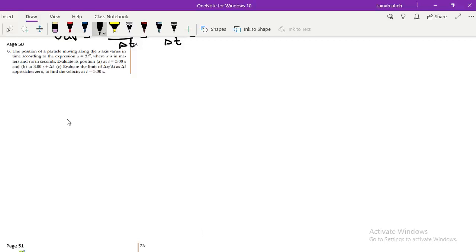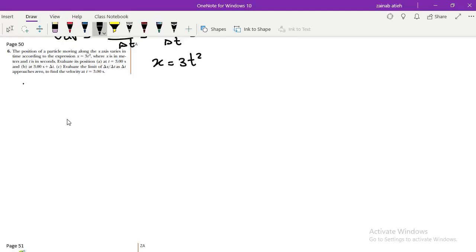So I have x as a function of time. Where x is in meters and t is in seconds, evaluate its position at t equals 3.